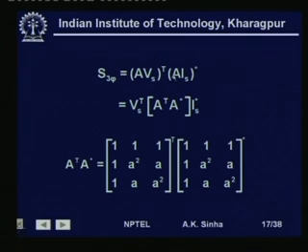Now, if we take the conjugate of this, then we will get this as this. If we take the transpose, then this is V s transpose A transpose. So, V s transpose A transpose into A conjugate I s conjugate.